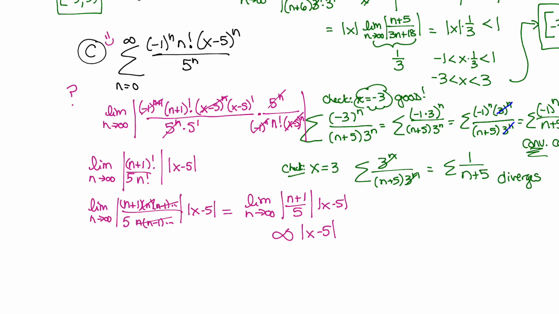As long as x minus 5 is some number, as long as it's not equal to 0, then this gives you infinity. And so that is always bigger than 1, and therefore the series always diverges.